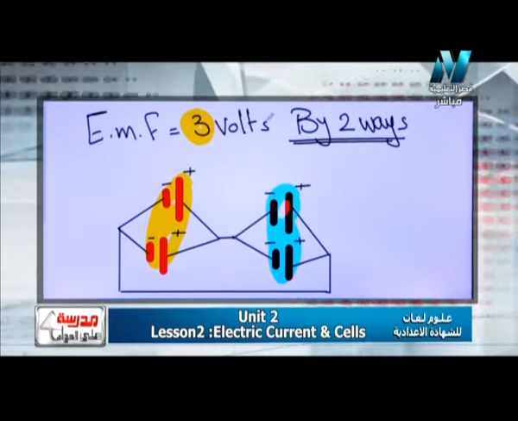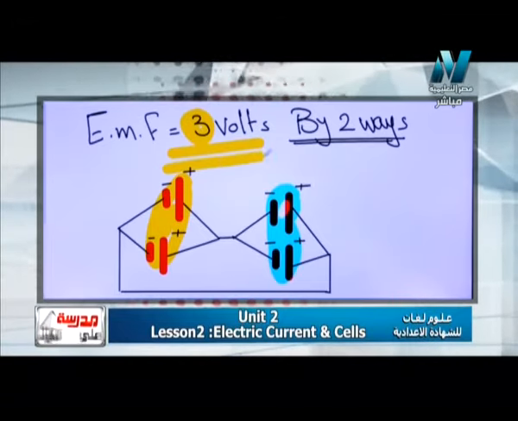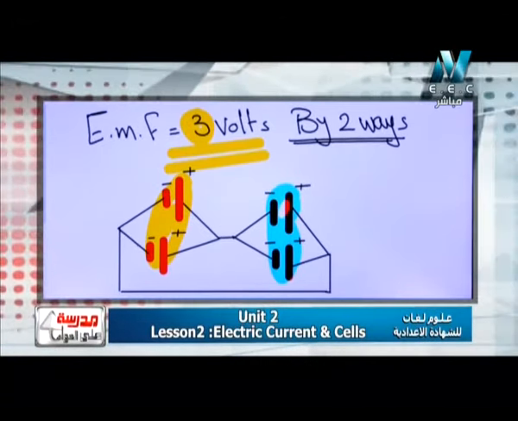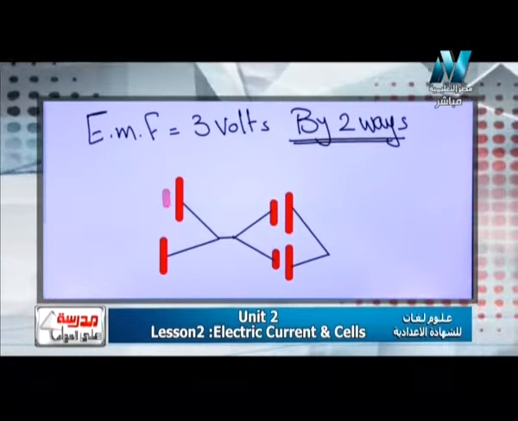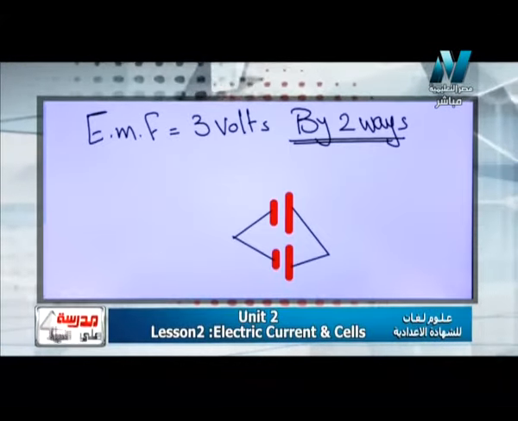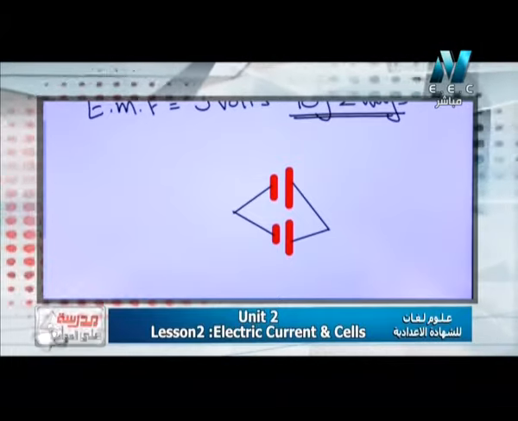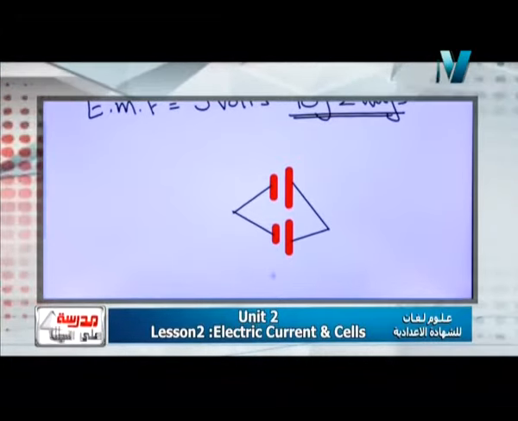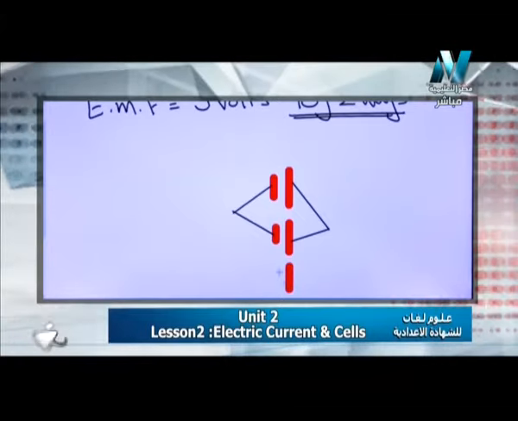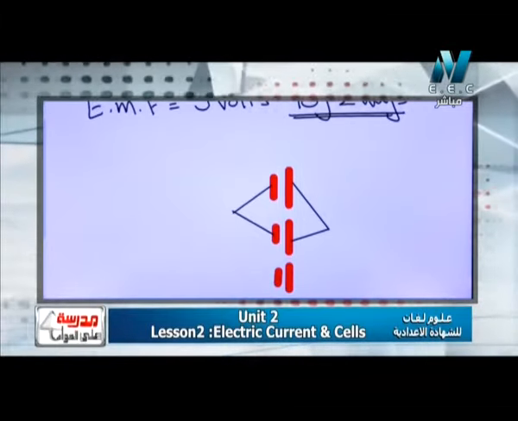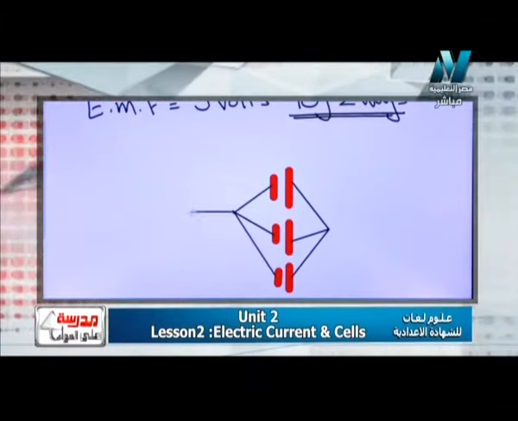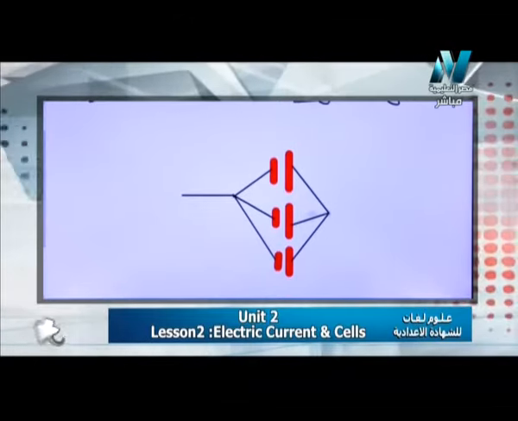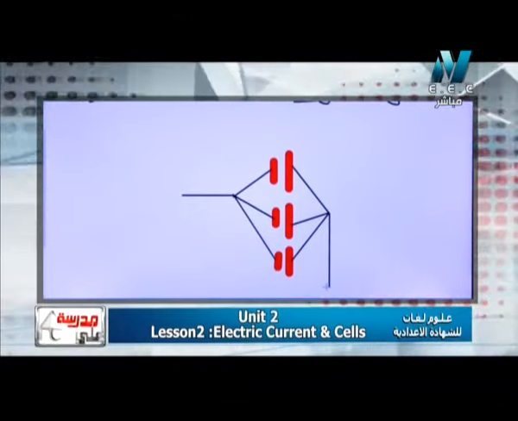Obtain 3 volts. This way, we put it like this on the same page in front of us. If we have, as you see, 3 parallel and 1 series. If we have a third one like that here. So we have how many? 3 parallel equal 1.5, and 1 series equal 1.5.